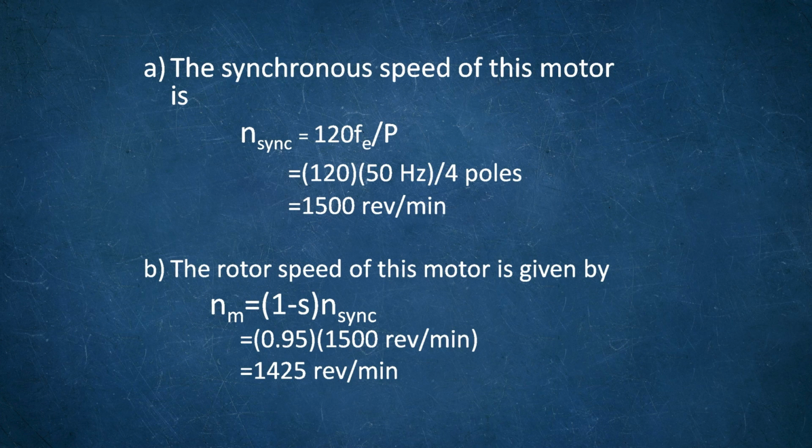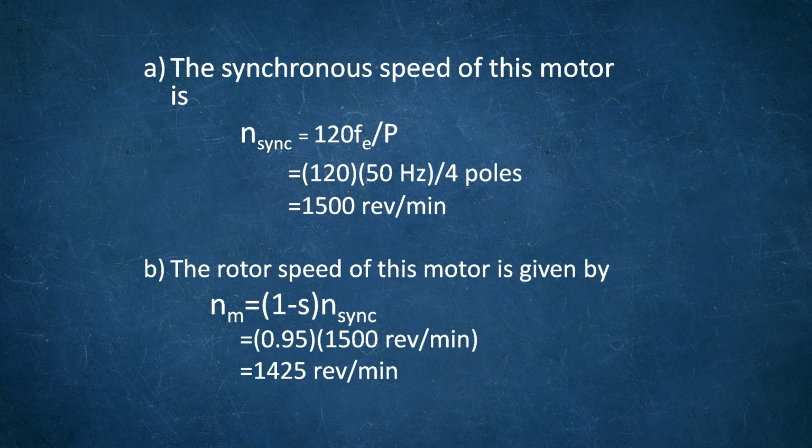So, rotor speed, which is also called the motor speed, is (1 minus S) into Ns. So, the speed of the motor is 1425 revolutions per minute. If you compare the two speeds, one is synchronous speed and the other is the motor speed or rotor speed, there is a difference. So, this difference is called the slip.